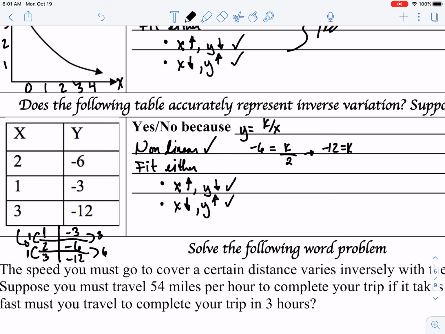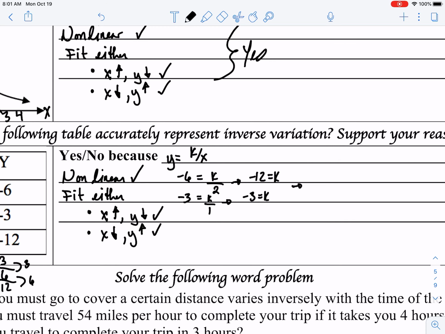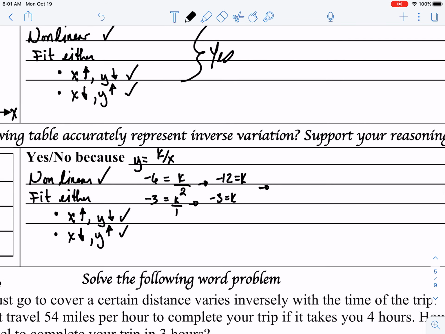So y is negative 3, x is 1: negative 3 is equal to k over 1. Get k by itself. So I'm going to multiply. I get negative 3 is equal to k. Now, compare my k's. Negative 12, negative 3 are different values. And the reason this does not work is because I can say negative 12 is equal to k, and then k is equal to negative 3.